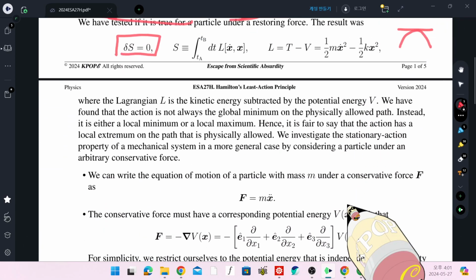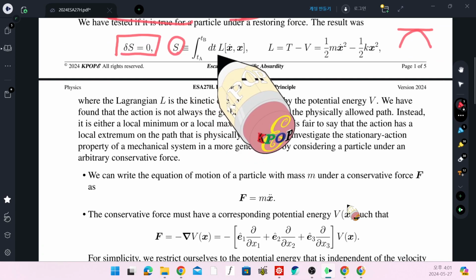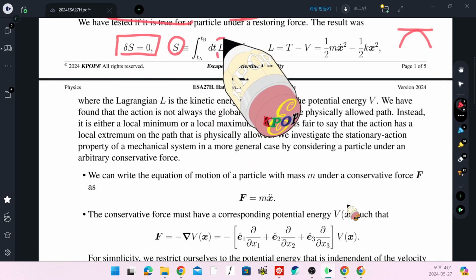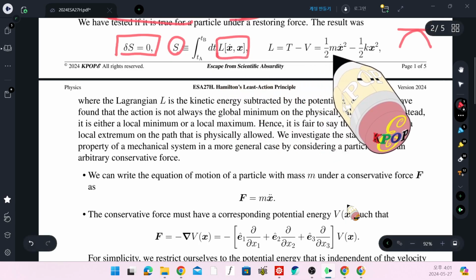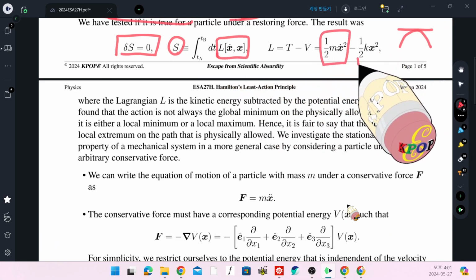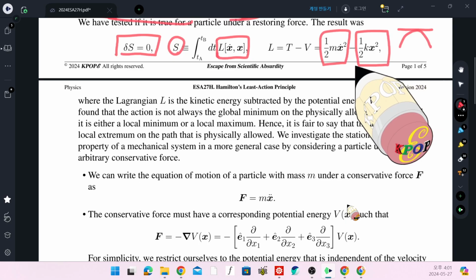Here, the action is the time integral of the Lagrangian, and the Lagrangian is defined by the kinetic energy subtracted by the potential energy. We have not used an arbitrary force case.